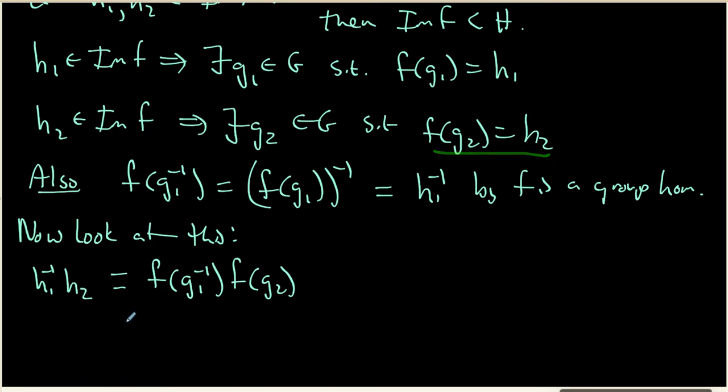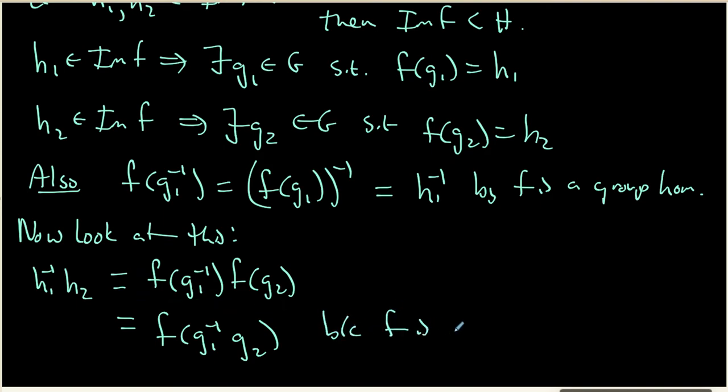Now, f is a group homomorphism, so I can take this expression and rewrite it as f of g1 inverse times g2.